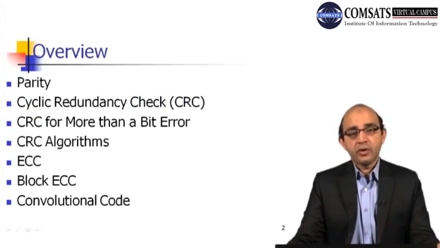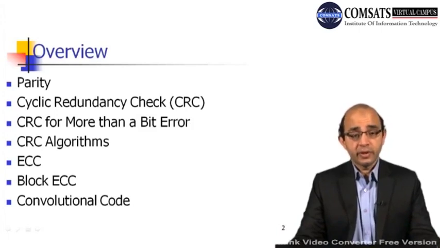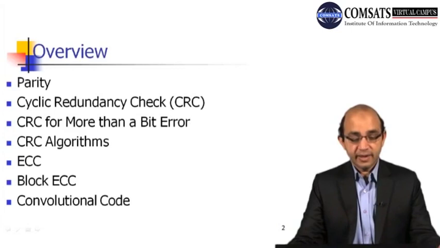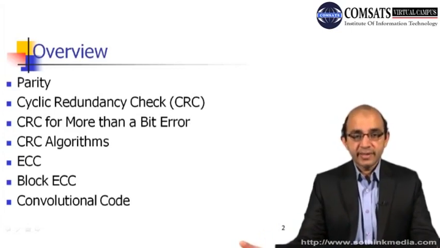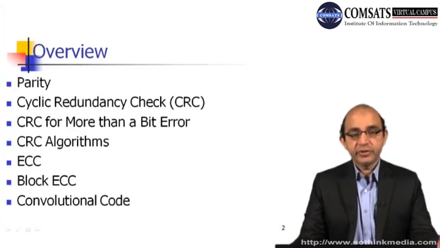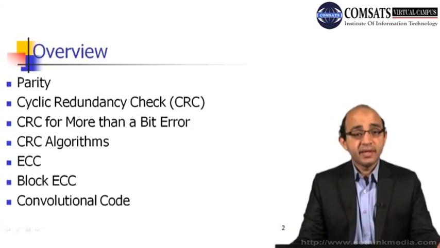So these are the bullets which we will be going through one by one. Parity: how parity is used in order to accommodate error detection, and then CRC, that is cyclic redundancy check, another error detection scheme. Then how CRC has the capability, because the problem with parity is that there are certain limitations.